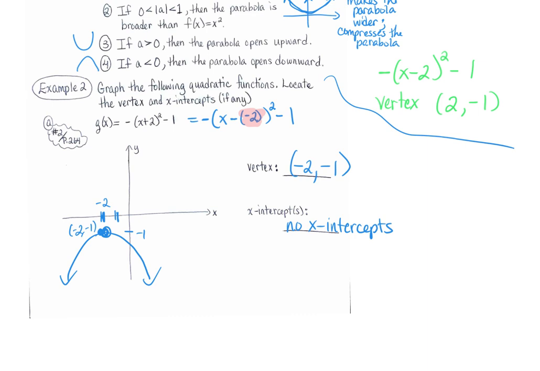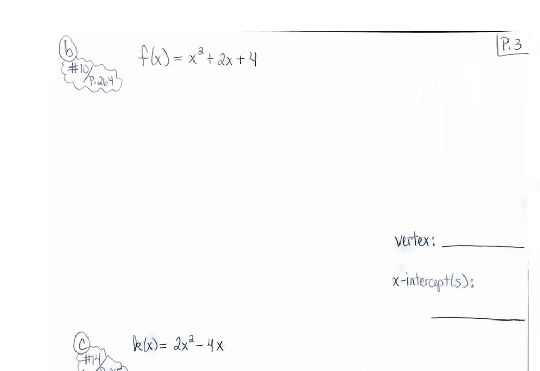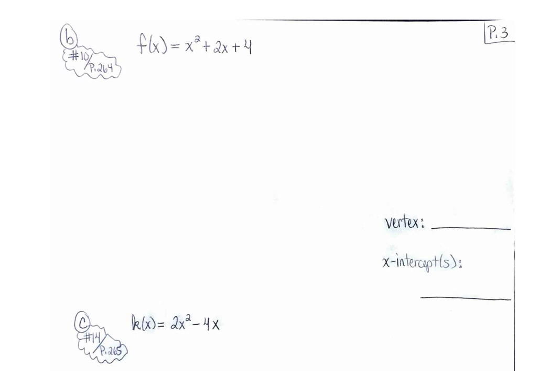Let's look at another one. Part B. I see some still writing. Part B, we have f of x equals x squared plus 2x plus 4.